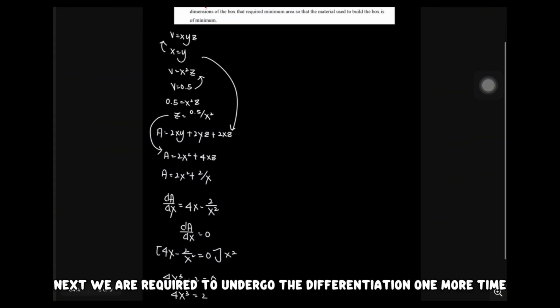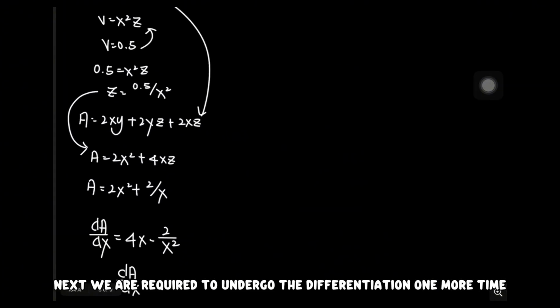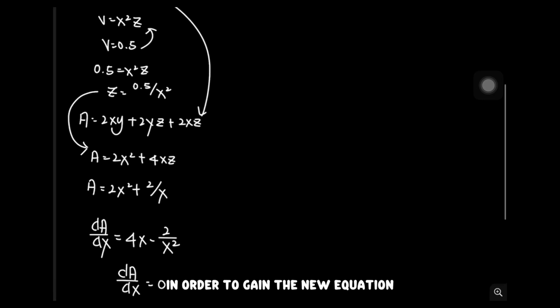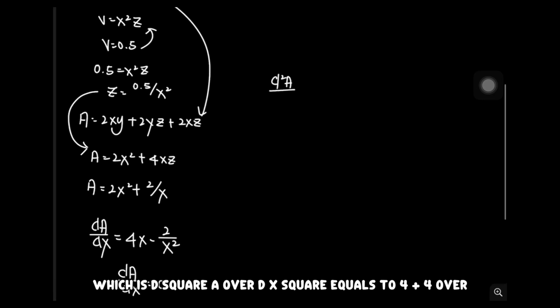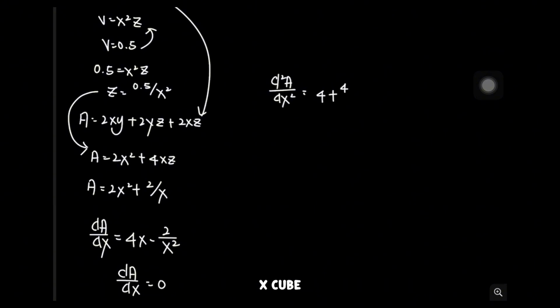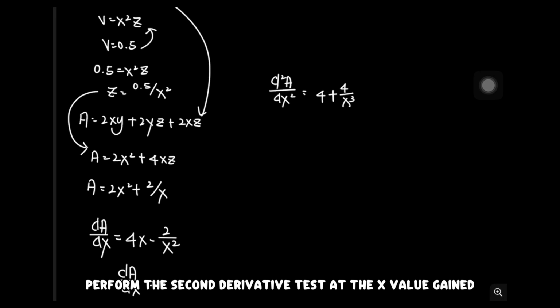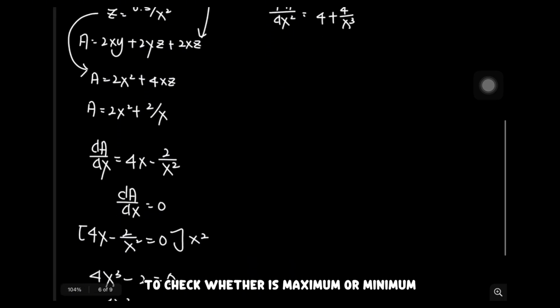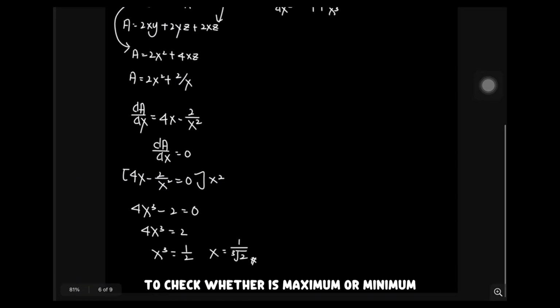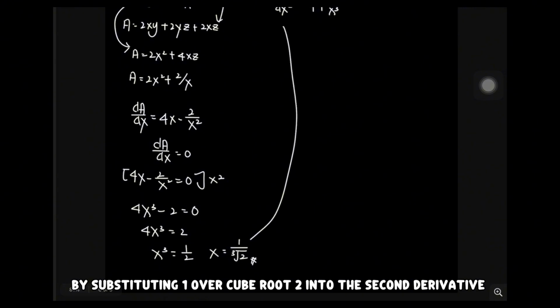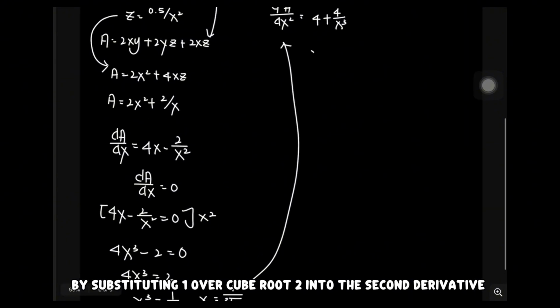Next, we are required to differentiate one more time to gain the new equation, which is d squared A over dx squared equals 4 plus 4 over x cubed. Perform the second derivative test on the x value again to check whether it is a maximum or minimum by substituting 1 over cube root 2 into the second derivative.